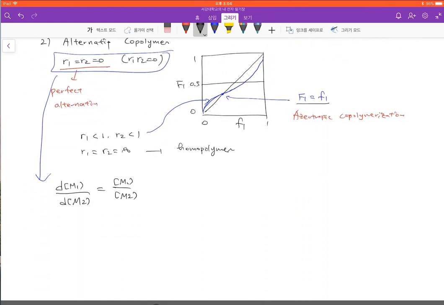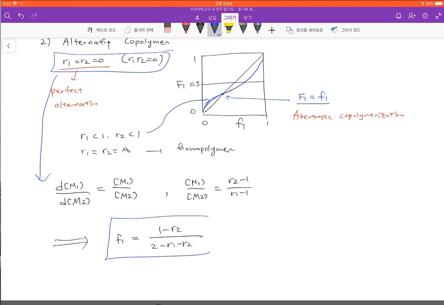And from the original copolymer equation, the second one, if you do the rearrangement, and with another equation, you will have m1 over m2 is equal to r2 minus 1 over r1 minus 1. So anyhow, you'll get this relation, f1 is equal to 1 minus r2 over 2 minus r1 minus r2.